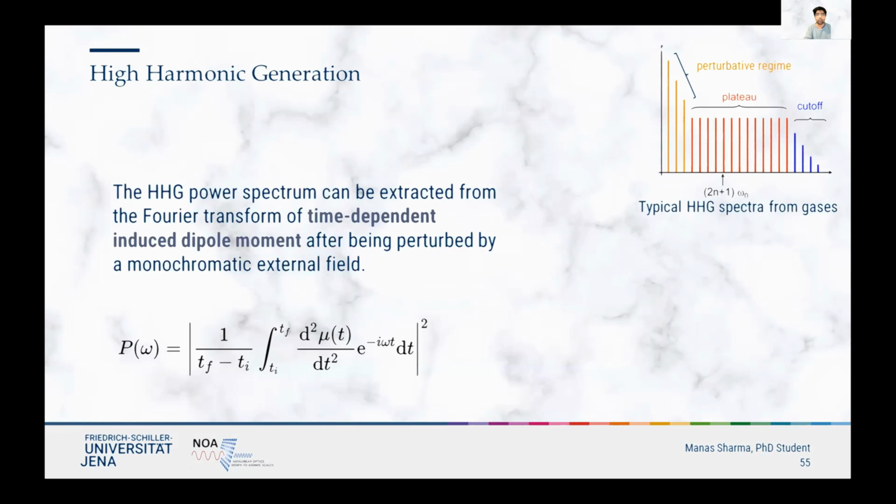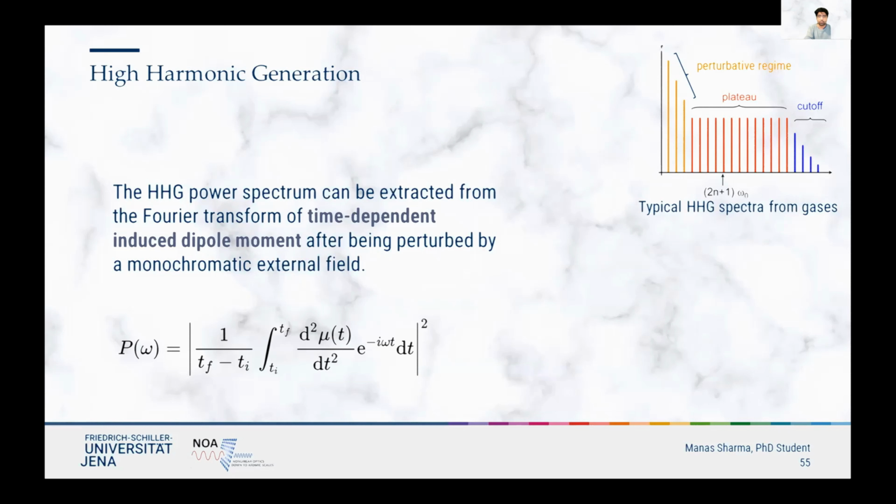So basically, to calculate high harmonic generation spectra, you take the time-dependent induced dipole moment, and if you are doing the calculations in length gauge, then you can just take the Fourier transform of that.